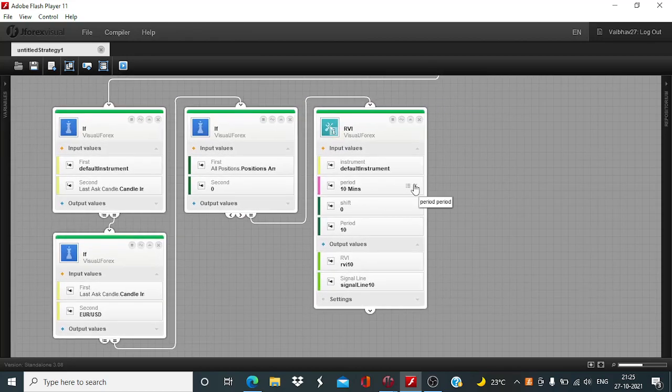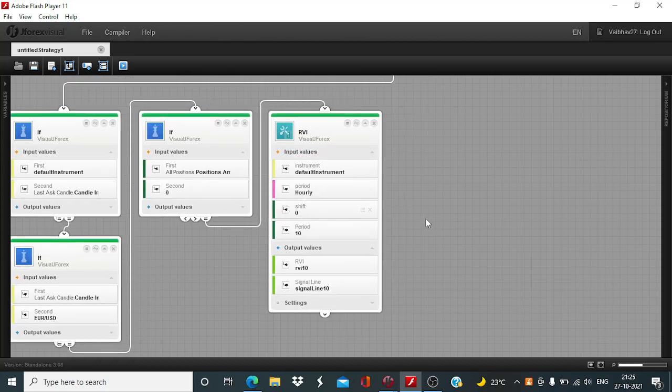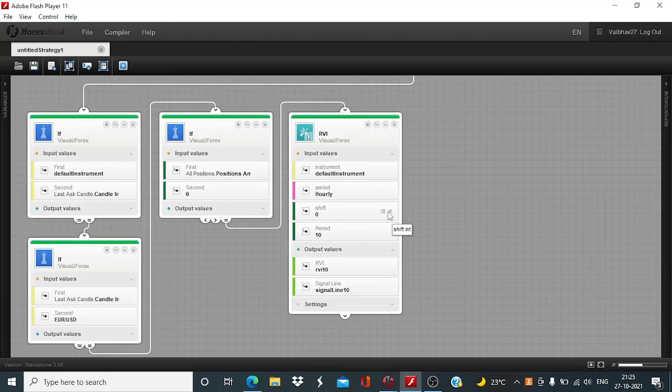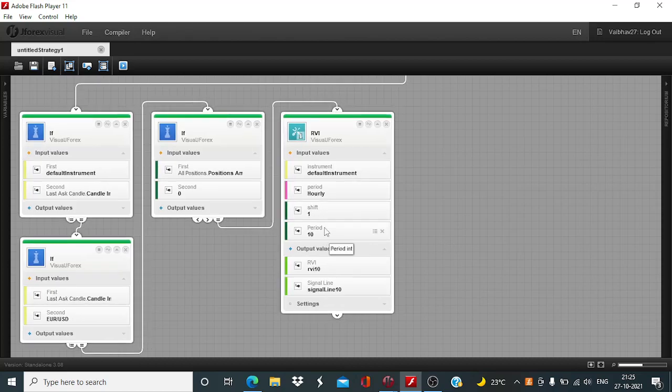As we are dealing with the hourly formation, I will change this to hourly. Shift value remains 0, or we can even change it to 1 as we will have more stable output. Candle period is hourly, and the number of candles which will be considered for calculation is going to be 10.